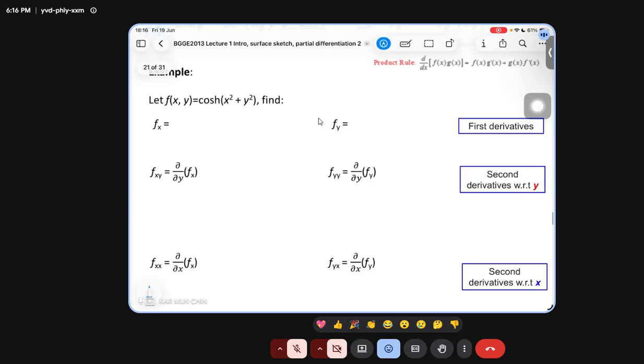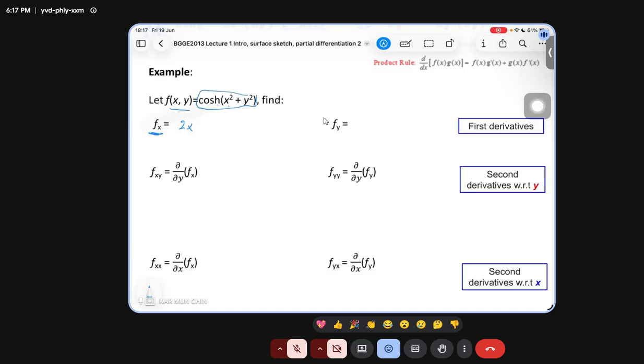Followed by the next question. For this question, same, you have multi-variable x and y. Look at this question, f_x, the derivative with respect to x. With respect to x, this is the term you need to look for, x squared. When you derive x squared, it becomes 2x.